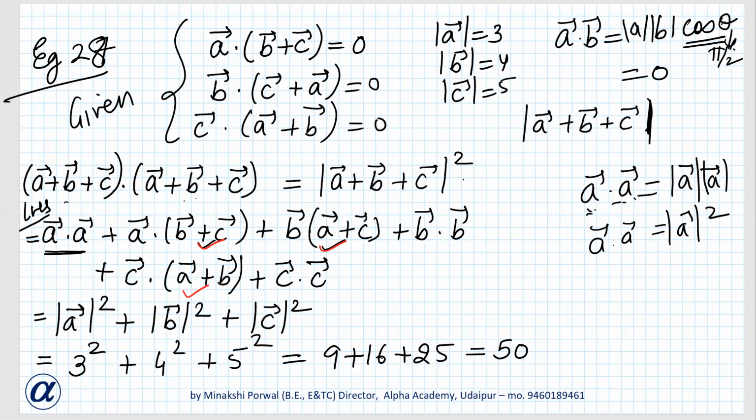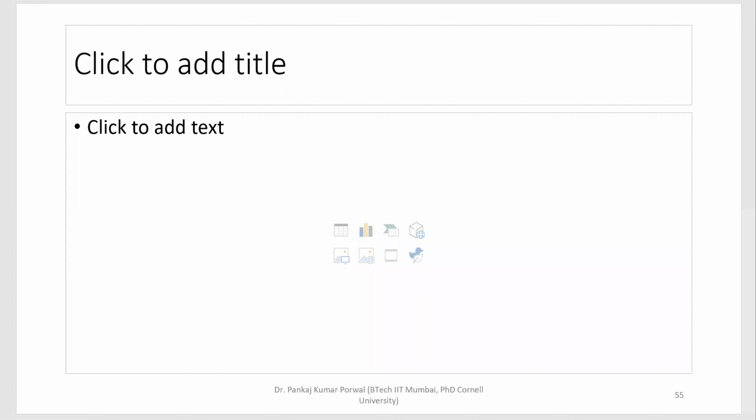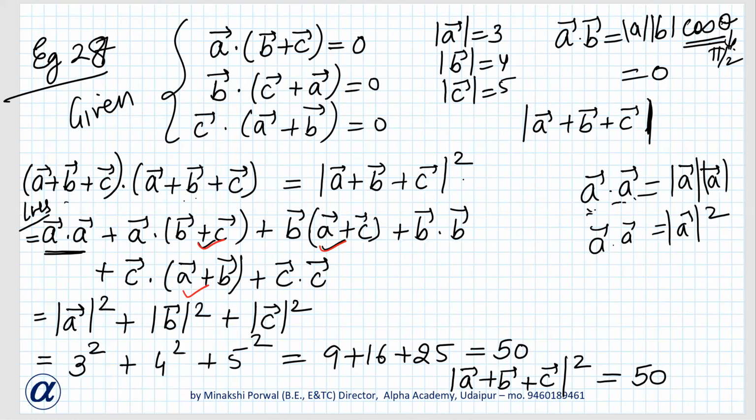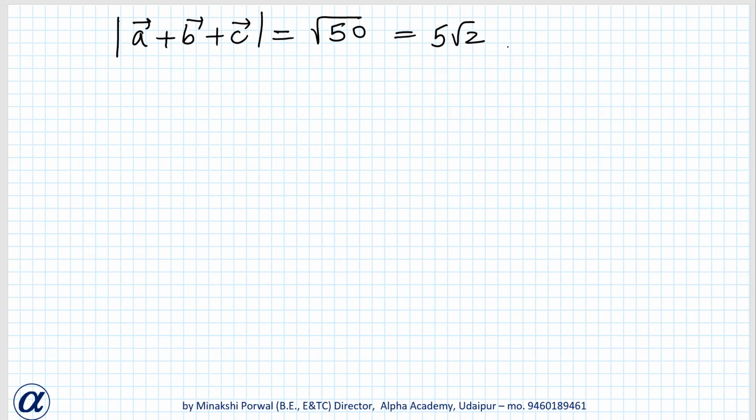So now what we got? A plus B plus C, the whole square, its magnitude is 50. Or we can write mod of A plus B plus C equals under root 50, that is equal to 5 root 2. This is the answer.